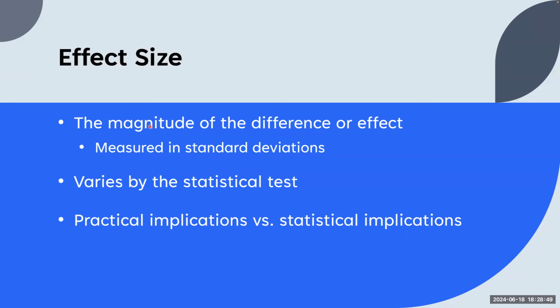Now, suppose after we ran that test, we put all the data, we got a p-value less than 0.05, meaning that there is a significant difference. But that's all we know. The effect size now is going to let us know something about the magnitude of that difference, the size of the difference.